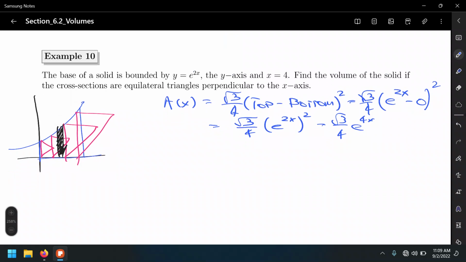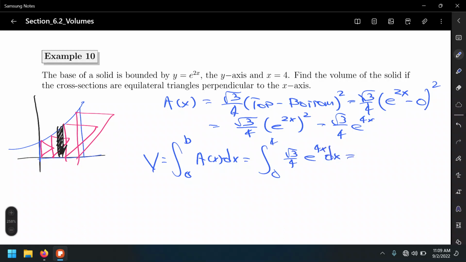So we got the formula to integrate. That's the integral from a to b of A of x with respect to x. The limits of integration are pretty straightforward. They're given from 0 to 4, and that's the square root of 3 over 4 times e to the 4x with respect to x.